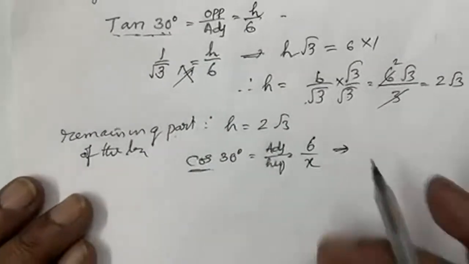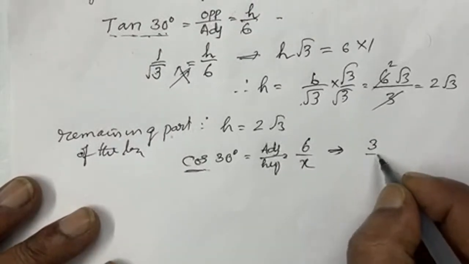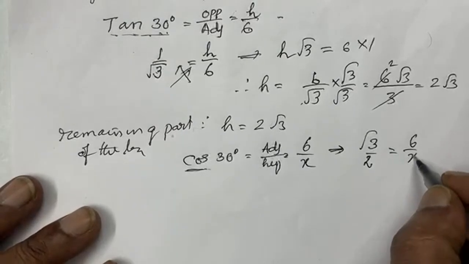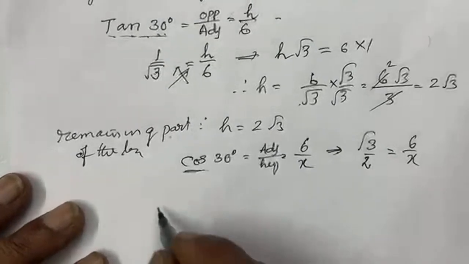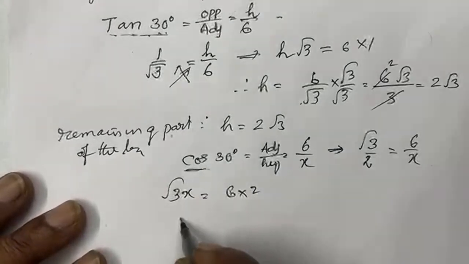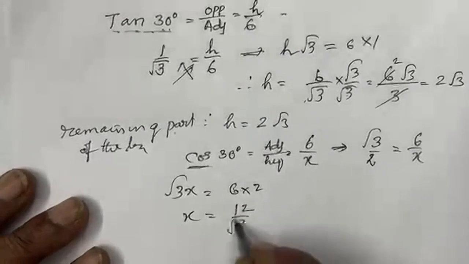So cos 30 value is root 3 by 2, equal to 6 by x. So cross multiplication, root 3 x is equals to 6 into 2. Therefore, x is equals to 12 by root 3.